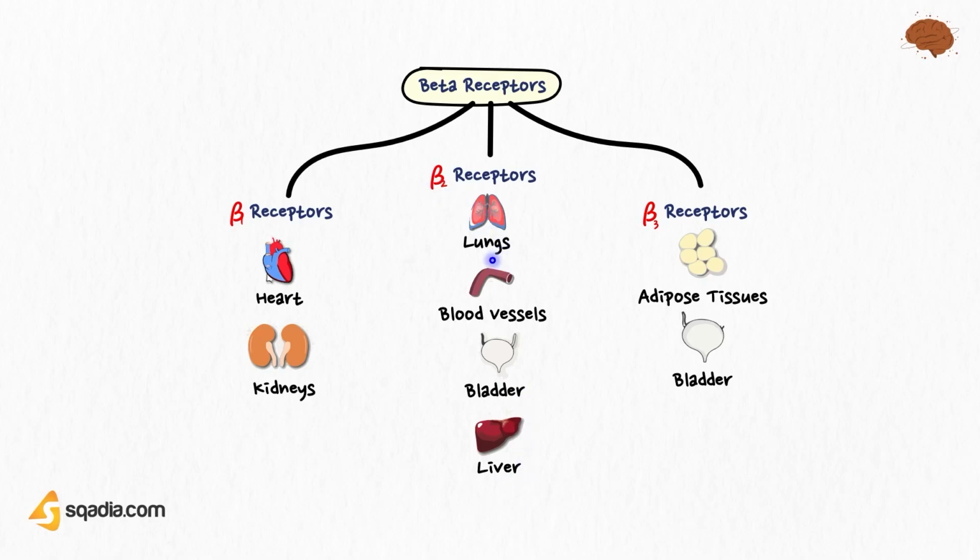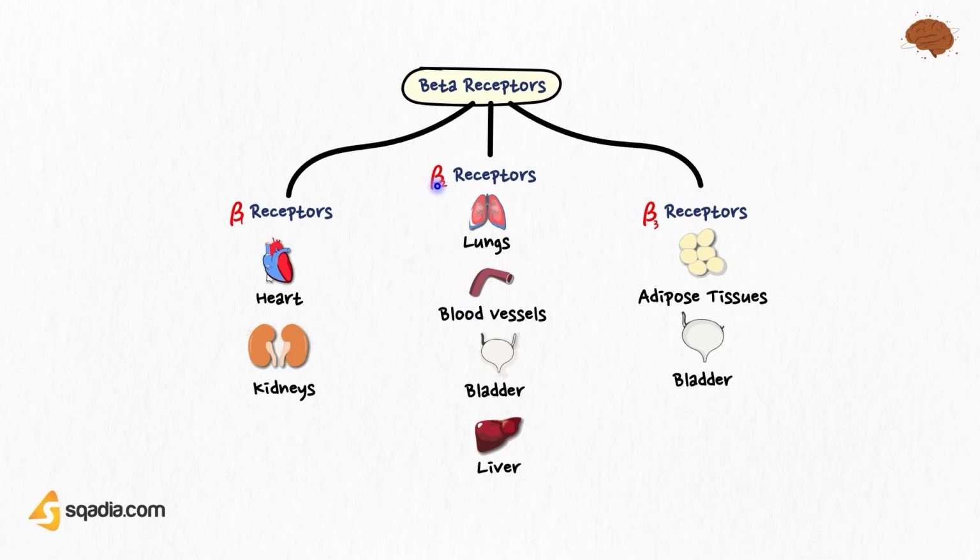Now in the lungs, they cause relaxation of the bronchial smooth muscles, which in return causes bronchodilation and improved airflow in the lungs. While in the blood vessels of the skeletal muscles, they cause vasodilation and improved blood flow towards the skeletal muscles.